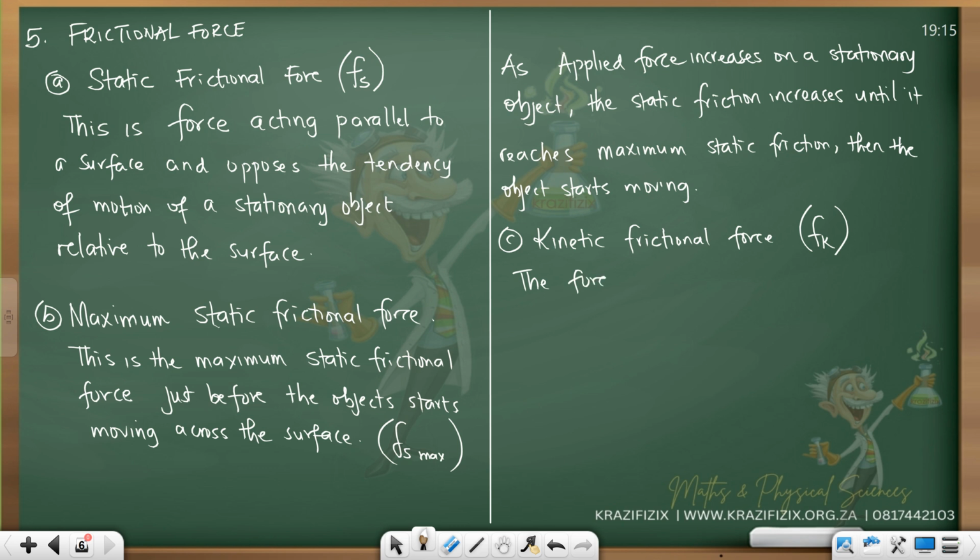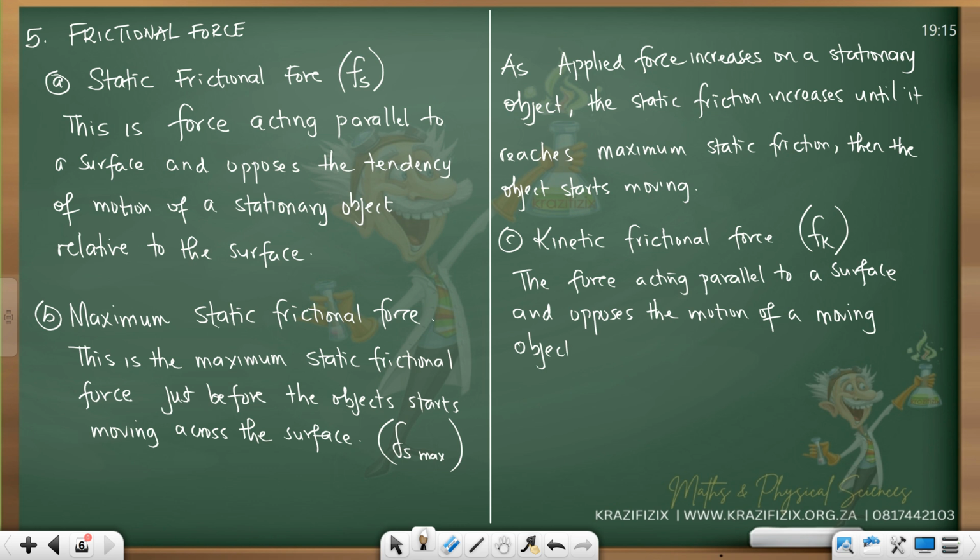It is the force acting parallel to a surface and opposes the motion of this time around, a moving object relative.